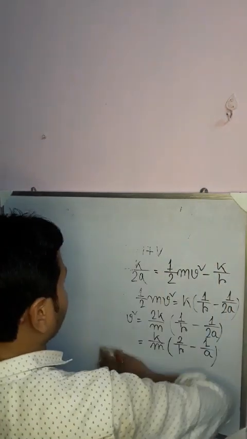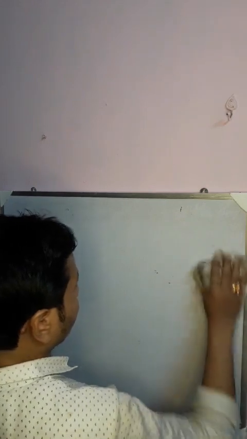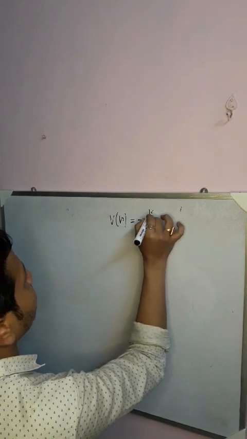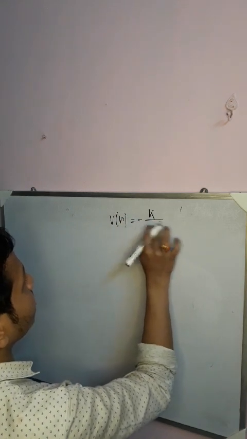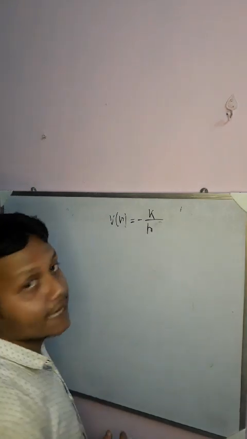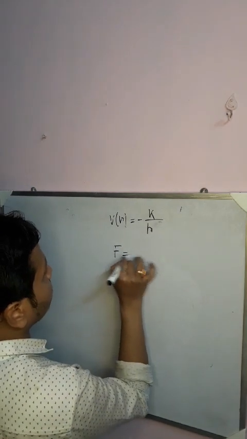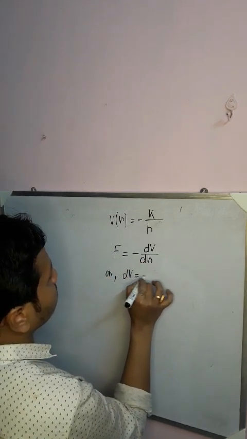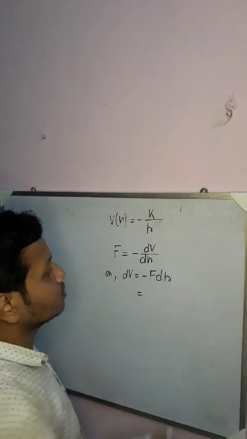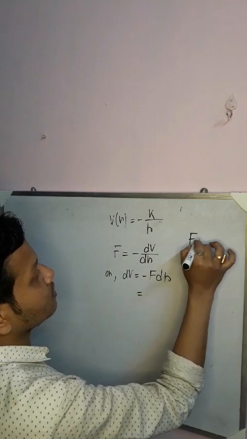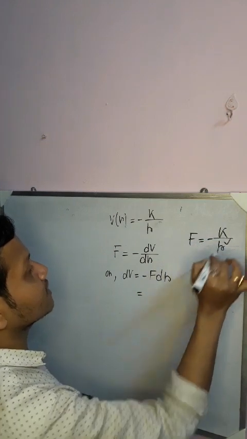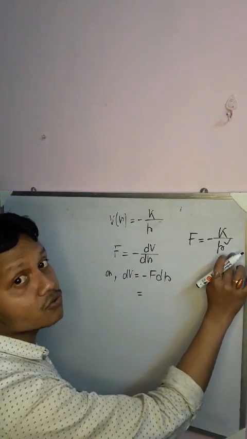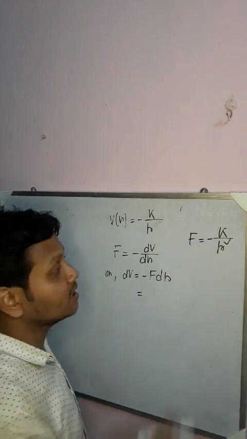Now one thing I have to mention here: what I wrote in the central force field, that is potential energy as minus k by r, how does it come? We know that the gradient of potential is a measure of force, that means F equals minus dV/dr, from which we can write dV equals minus F dr. So what will be the expression of central force? Inverse square attractive force can be written in this way: minus k by r². Inverse square means 1 by r², and attractive because there is a minus sign in front of it.